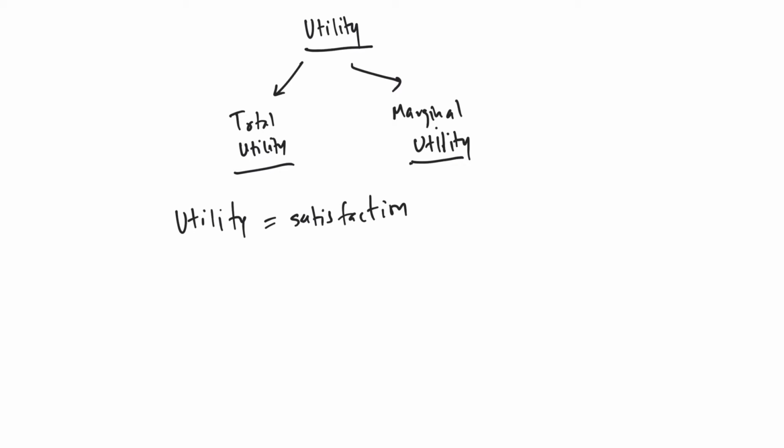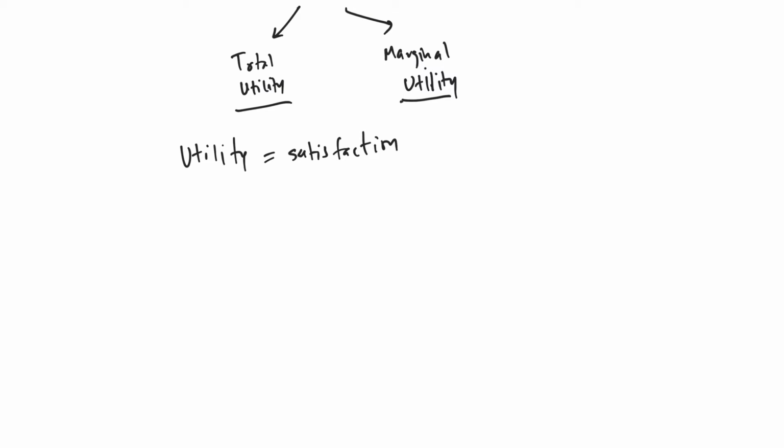So what we say is this, that as we consume more and more of a good, so as quantity increases, the total utility or total satisfaction, TU, should go up. Make sense? So we believe that when you consume more of a good, your total satisfaction should go up.